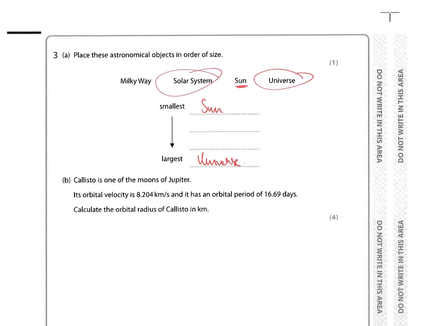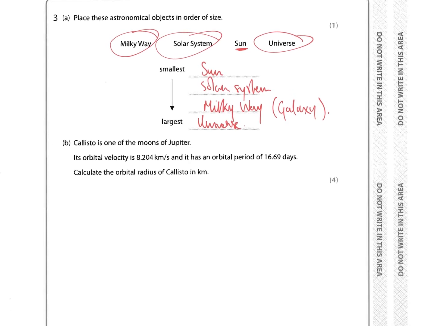Then around the star you have a solar system, and then many solar systems make up a galaxy, and of course the Milky Way is a galaxy. Good. Hopefully that didn't catch many of you out if you'd done your revision.